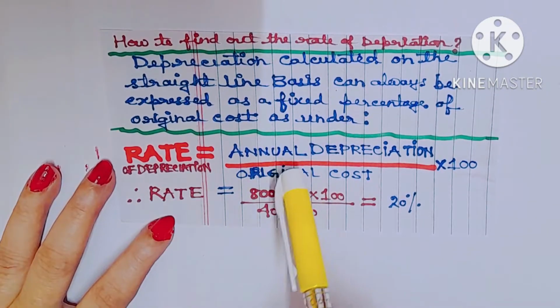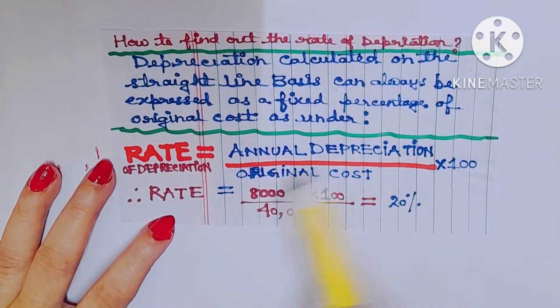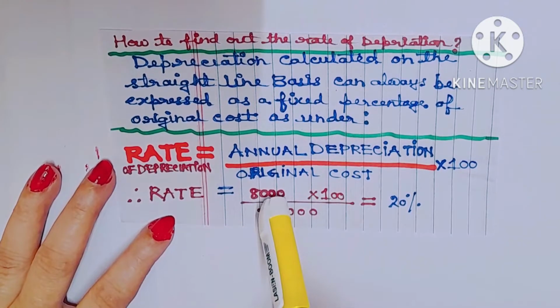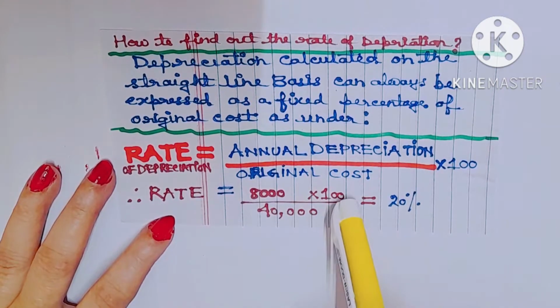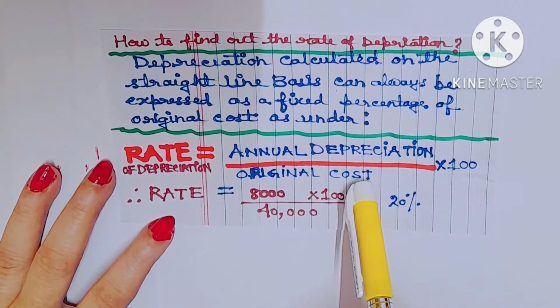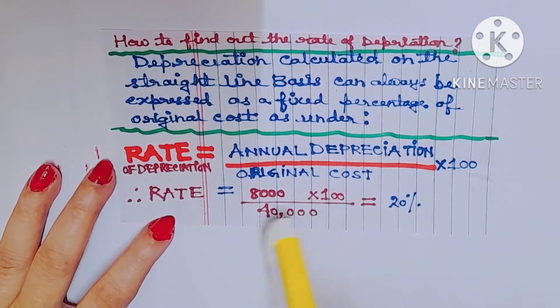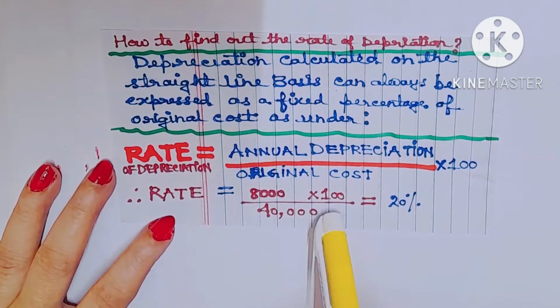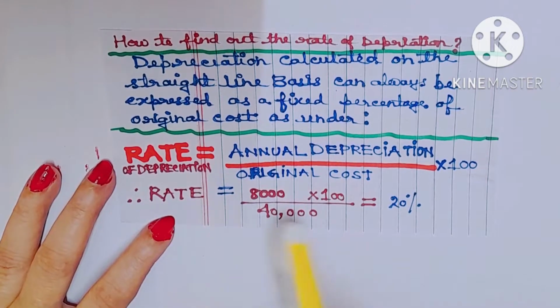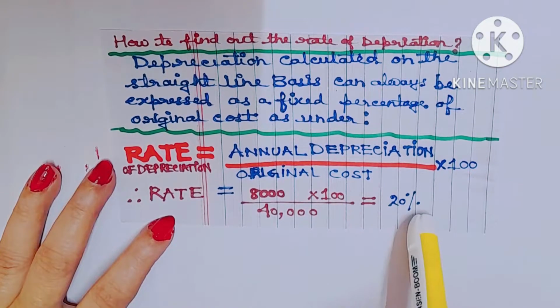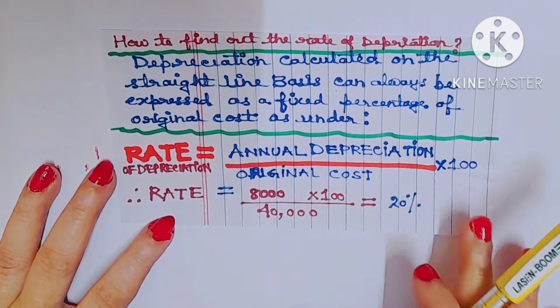Let's say annual depreciation is equal to 8,000. So we'll write 8,000 into 100 divided by original cost. Let's say the original cost of the plant and machinery is 40,000. So rate of depreciation is equal to 20%. If you calculate this, you'll get 20%.